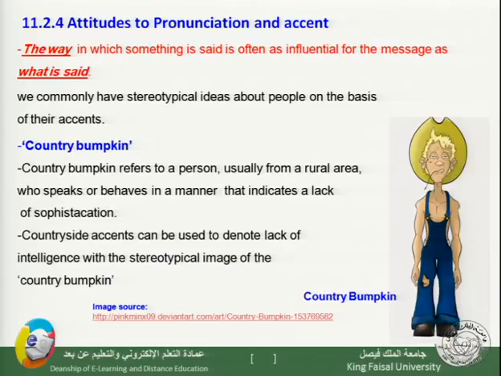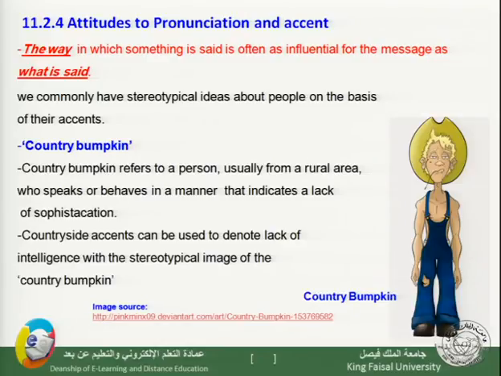It is a person who is usually from a rural area, from a village, not from the city. He speaks or behaves in a manner that indicates a lack of education, a lack of sophistication, a lack of intelligence. Countryside accent can be used to denote lack of intelligence with the stereotypical image of the country pumpkin.